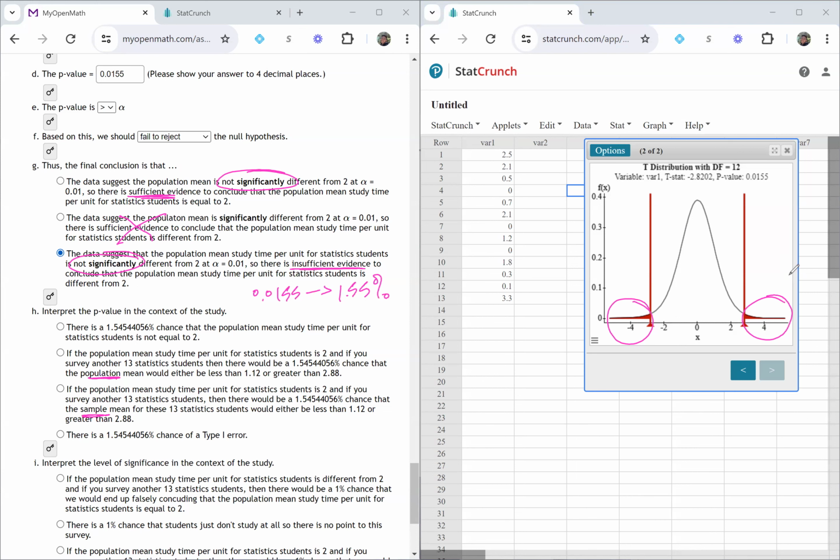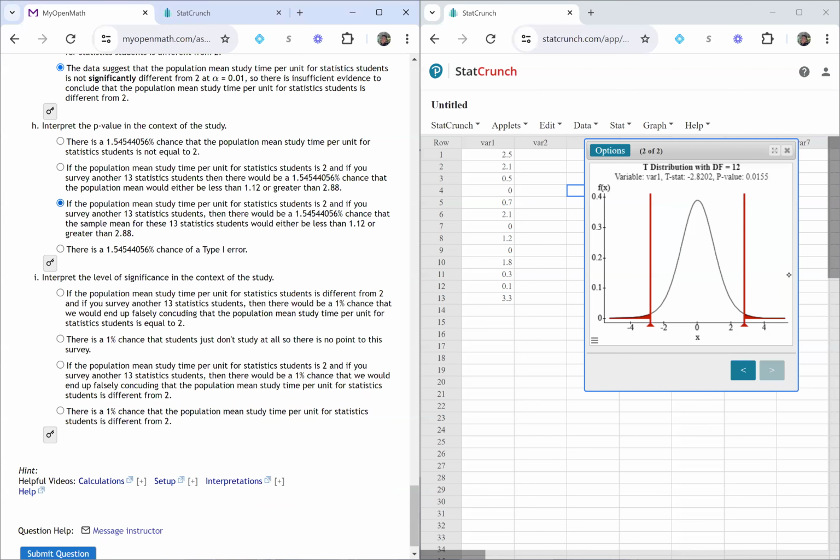So the p-value tells us the percentage that we're going to land in one of those two tails, but because we're taking another sample, we have to choose the sample mean, not the population mean. I'm going to clear these annotations one last time, and let's take a look at the last question.